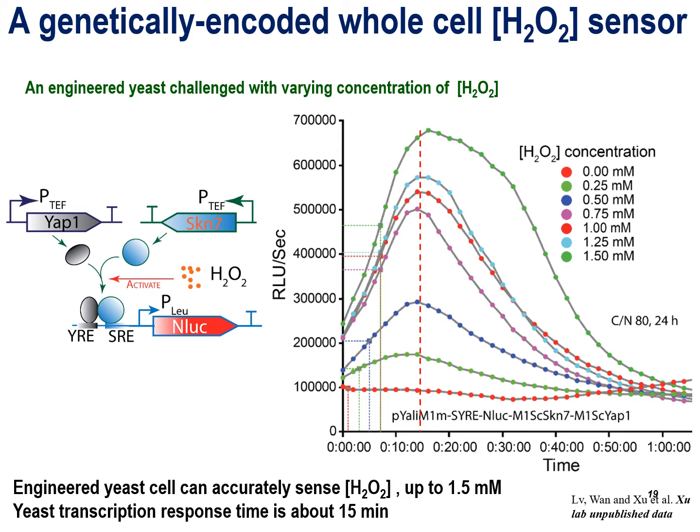We use a hybrid promoter, a minimal leucine promoter, and of course we design the YRE and SRE binding sites in front of our leucine promoter. And we place the luciferase reporter gene under the control of the leucine promoter.